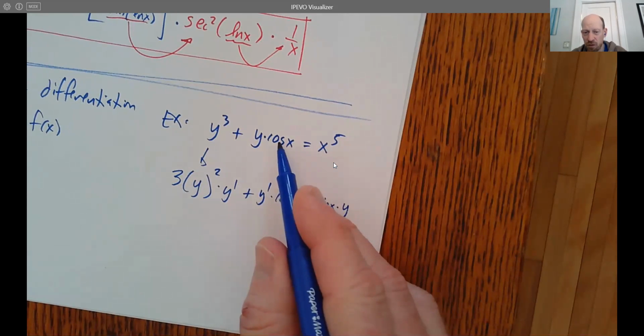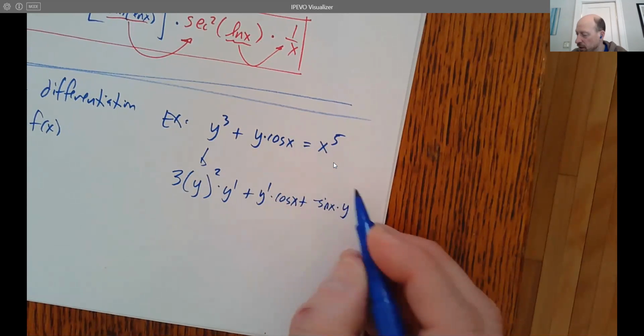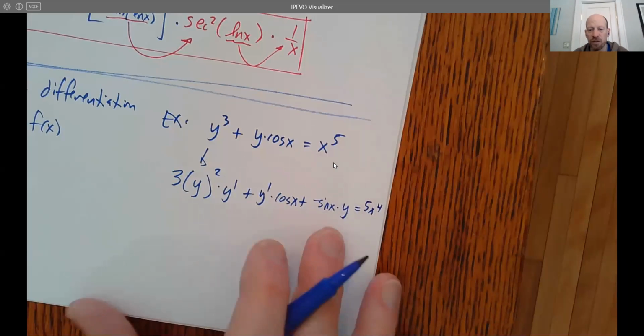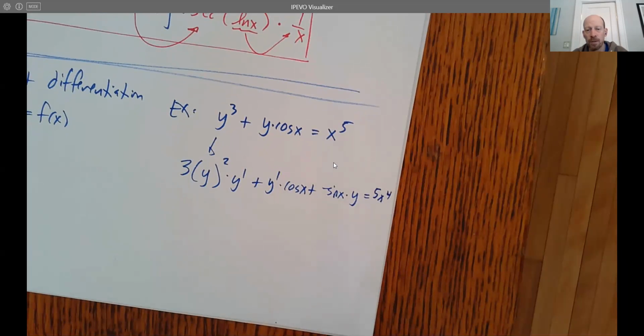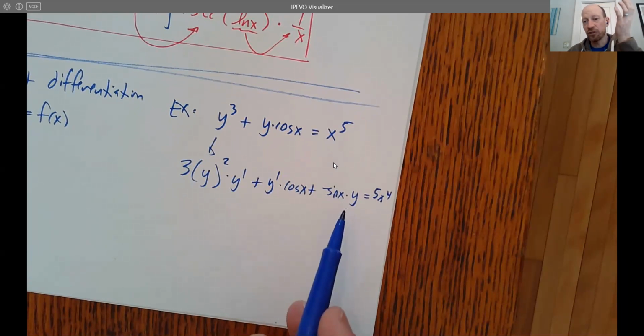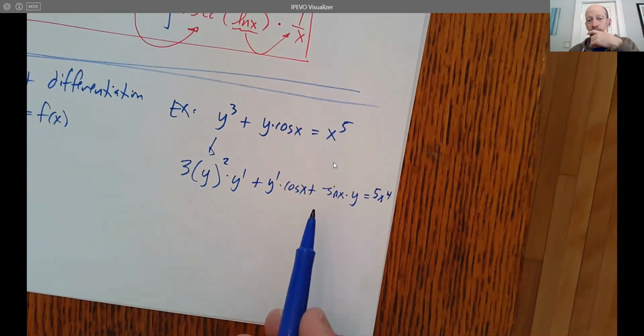I just took the derivative of cosine and multiplied it by y. And then finally the derivative of x to the fifth, we know, is 5x to the fourth. So when we do this, we maintain equality, assuming we take those derivatives correctly.